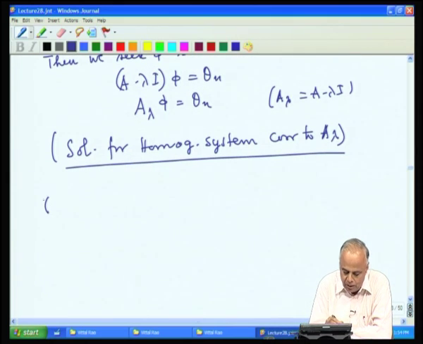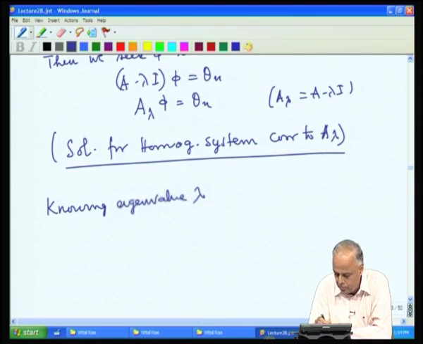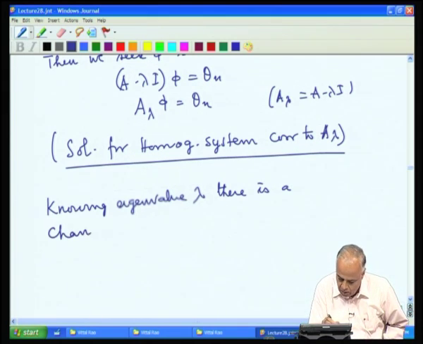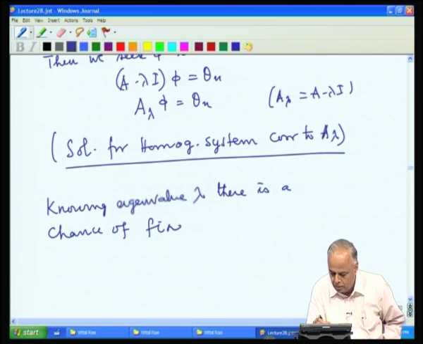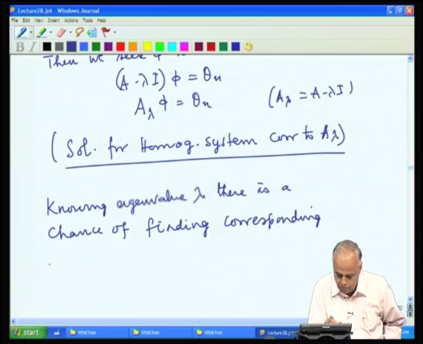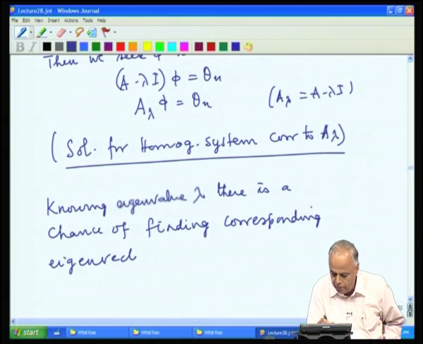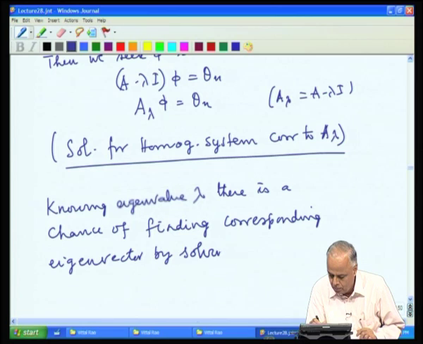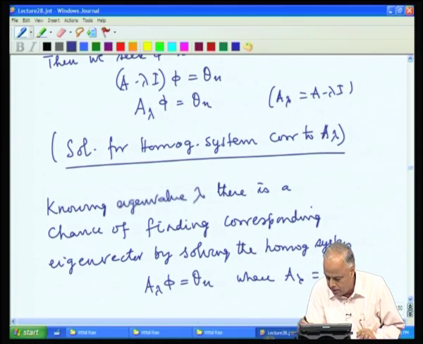So, knowing an eigenvalue lambda, there is a chance of finding the corresponding eigenvector by solving the homogeneous system A lambda phi equal to theta n, where A lambda equals A minus lambda I.